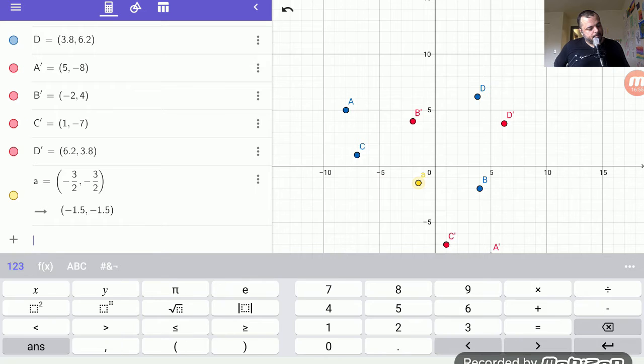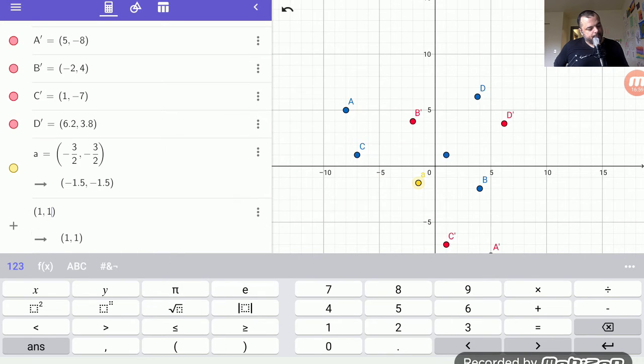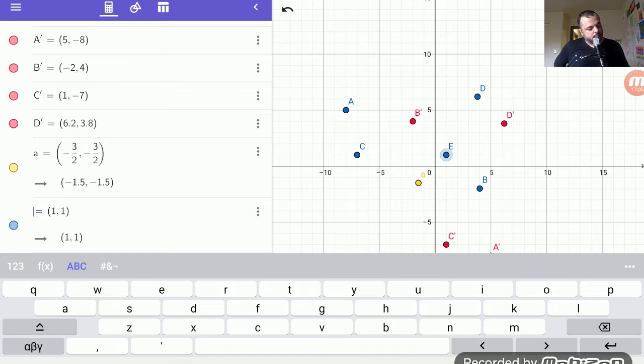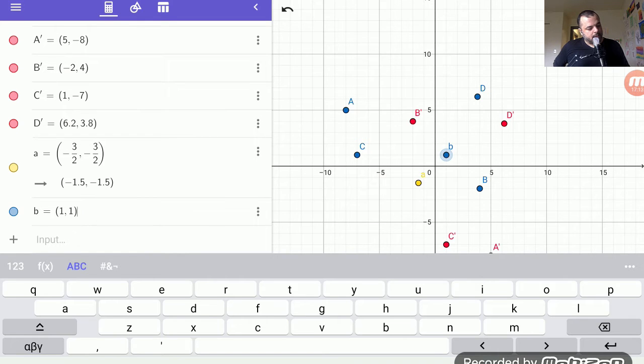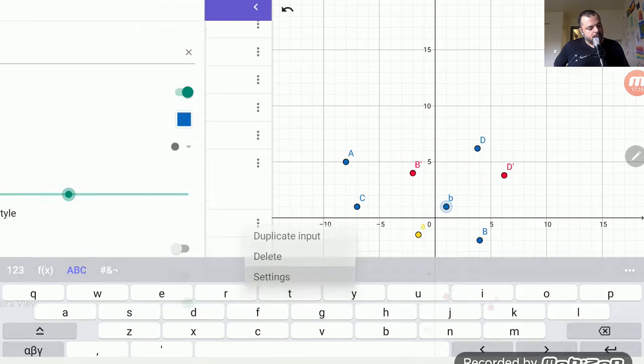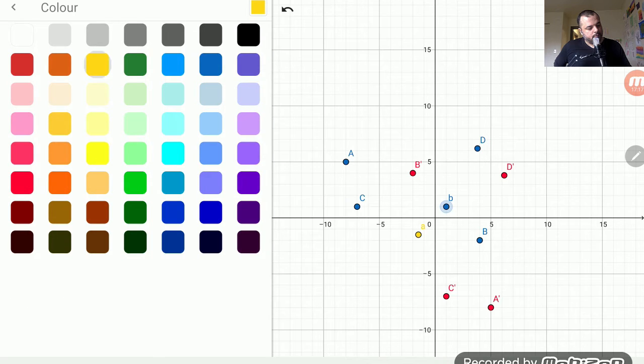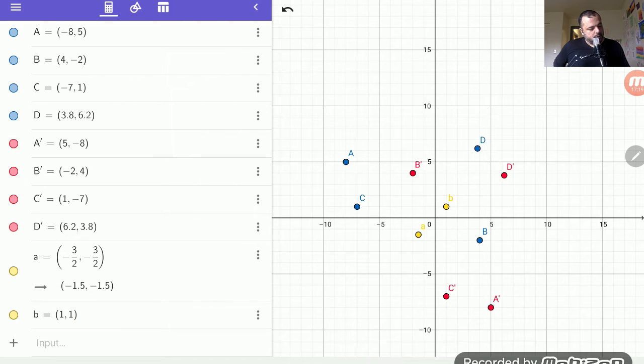Perfect. Let's change this to yellow. Who's next?